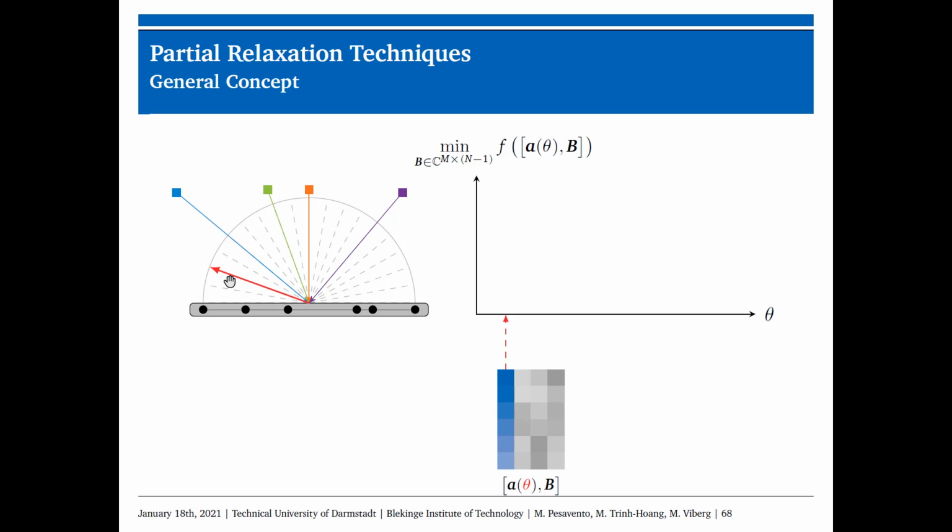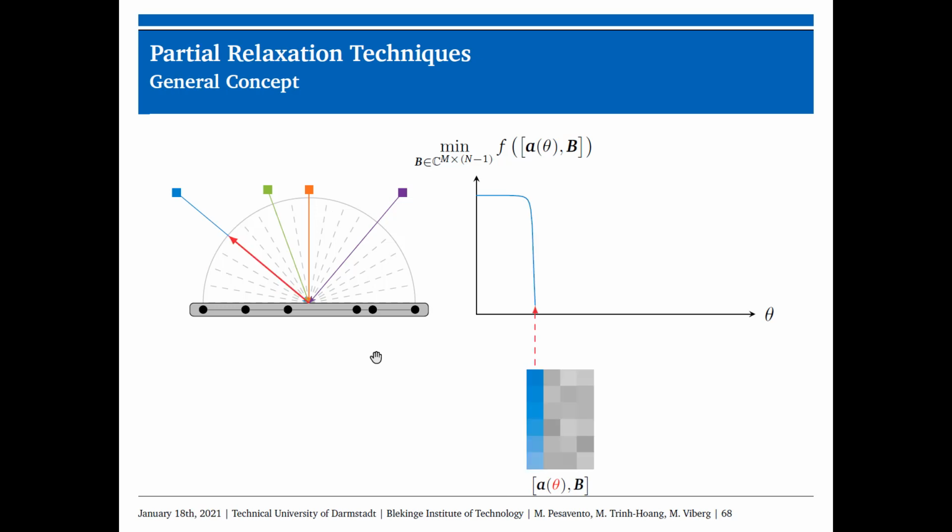Say, for a given candidate direction denoted by the red arrow here, we fix the first column of the steering matrix. Then we have to find the relaxed part B such that the cost function is minimized. After performing the optimization, we observe that the minimum is rather high if our candidate DOA is not near one of the true DOAs.